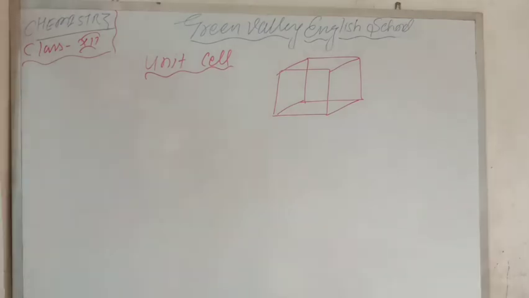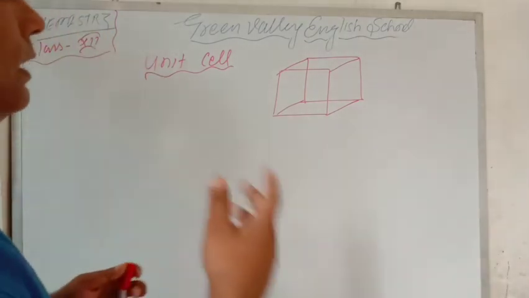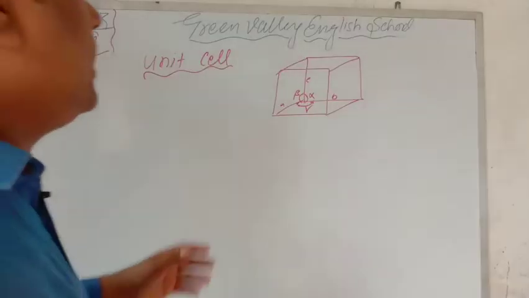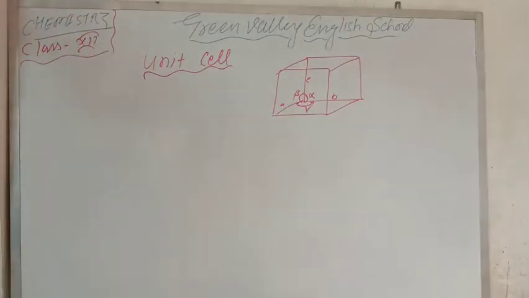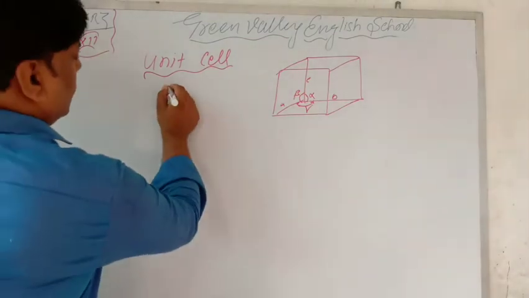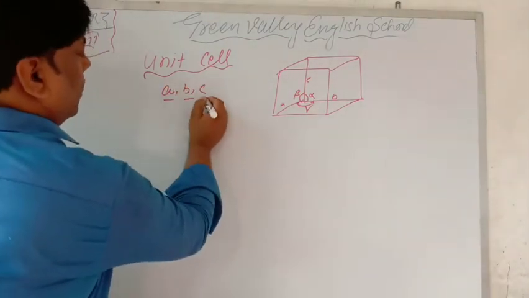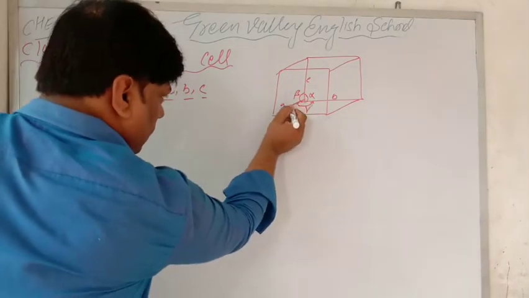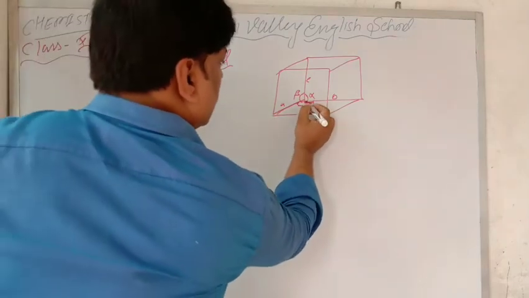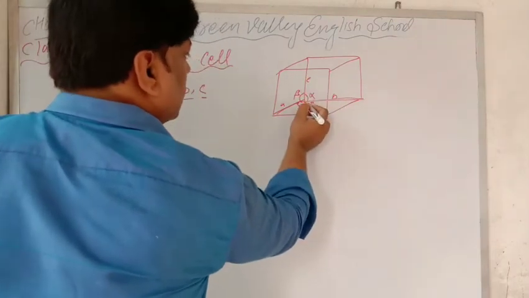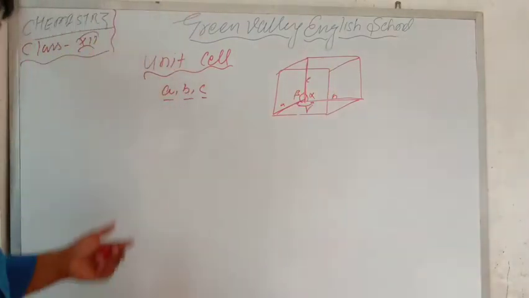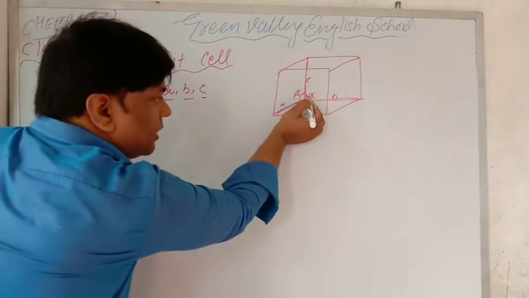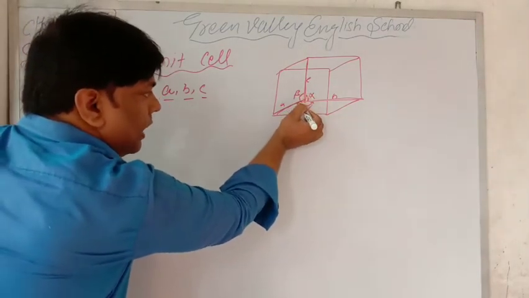There are 6 basic parameters by which a unit cell is characterized. These are A, B, C: A is this side, B is that side, and the height is C. These are 3 parameters, and the next 3 parameters are the angles between these, alpha, beta and gamma.